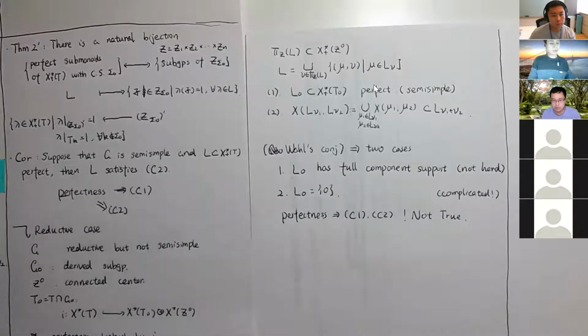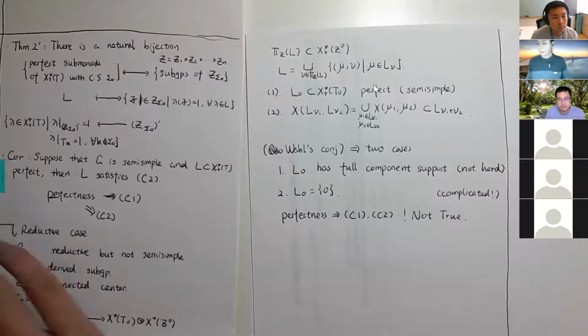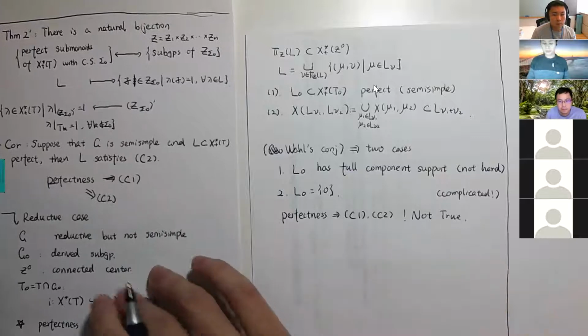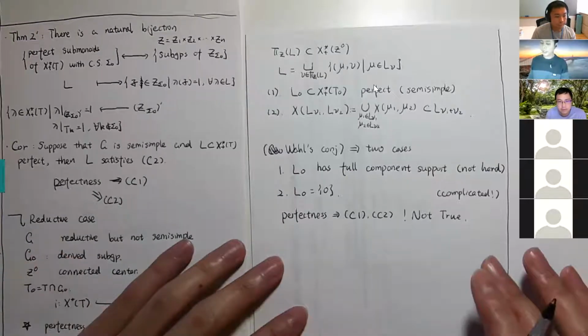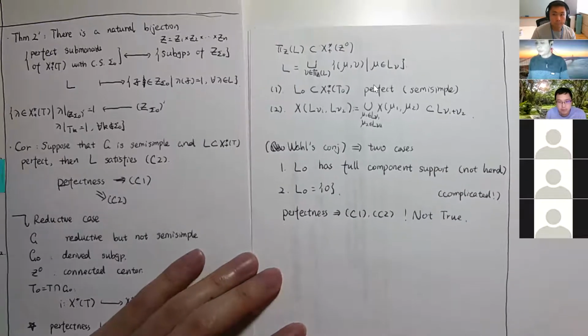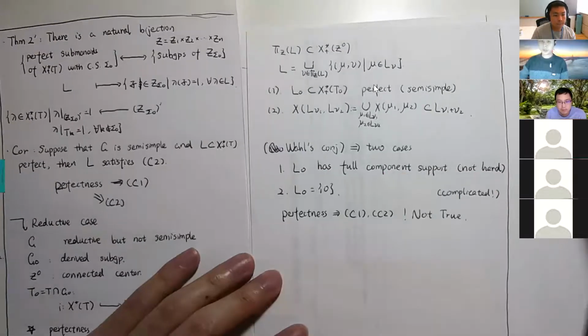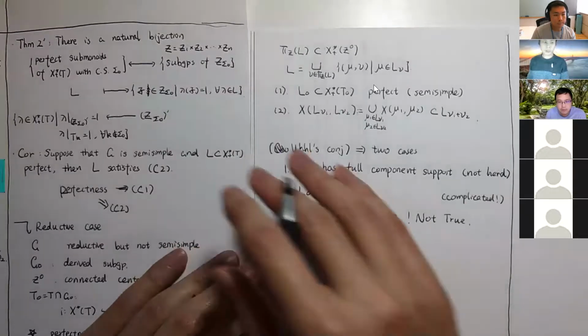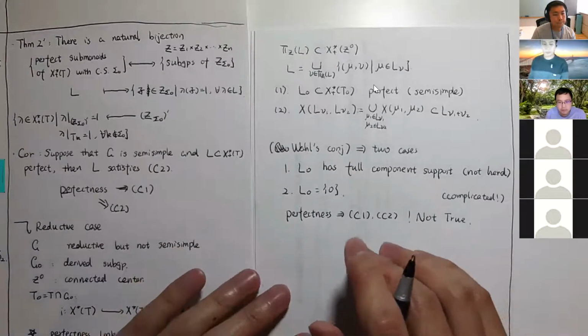Okay, so this is part 2 about perfect submonoids of dominant weights. For part 1 and part 2, we only need representation theory.